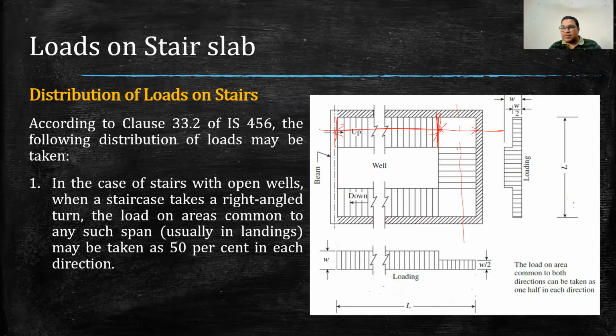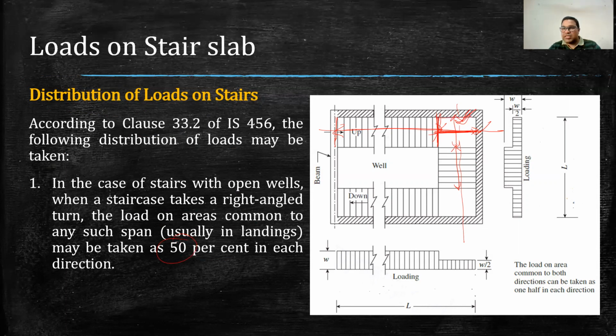This flight will have full load, but this will have only some portion of the load because some load is already considered in the other direction. So what portion of the load in this direction should be considered and what portion in the other direction? That is what is mentioned here.